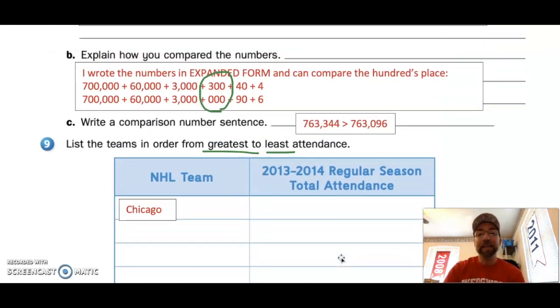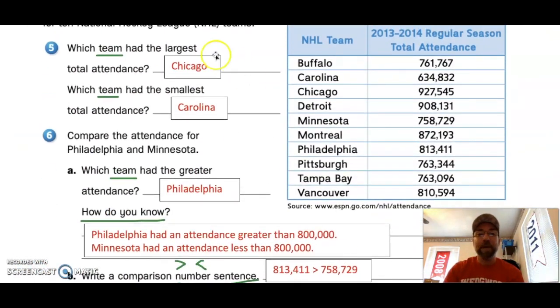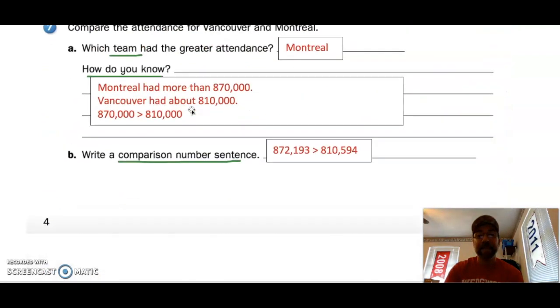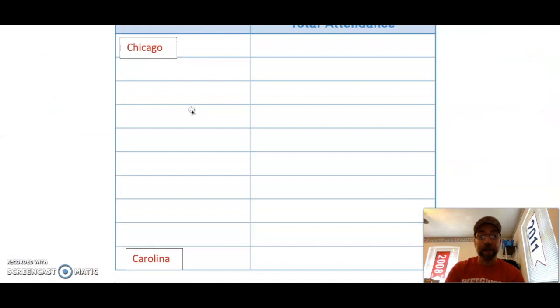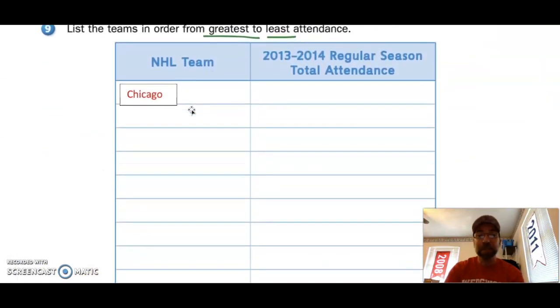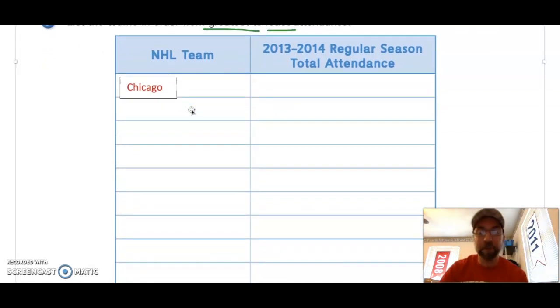So a good mathematician will go back to their table and cross out Chicago and Carolina, because now we only have to look at some of our other teams in order to put them into order. All right, my friends, your job is to complete problem number 9. Hit that pause button. When you come back and play the video, we'll see if you got it correct.